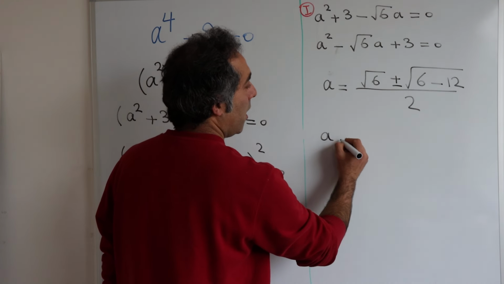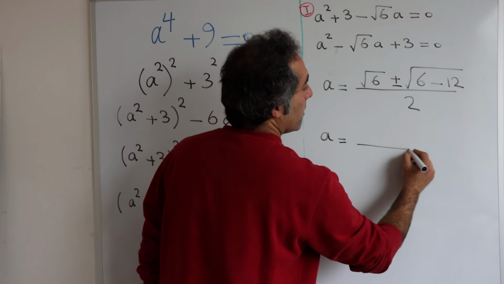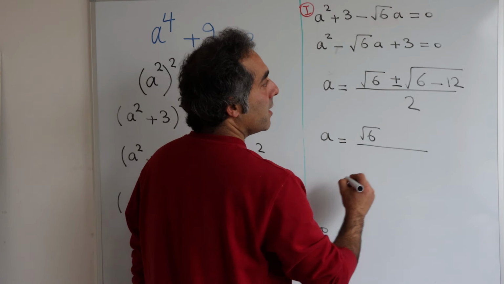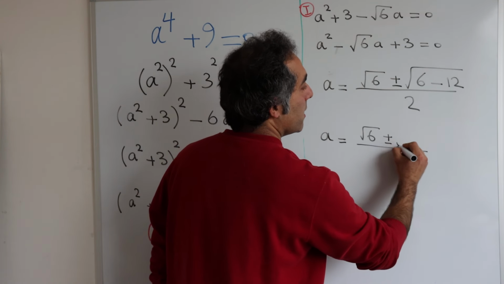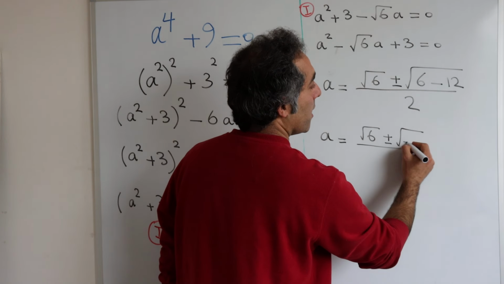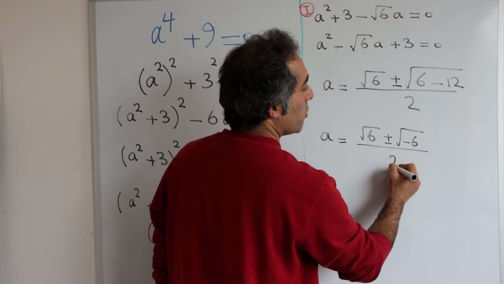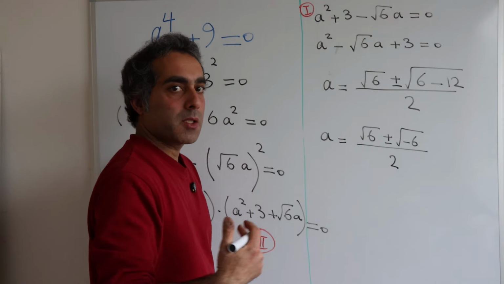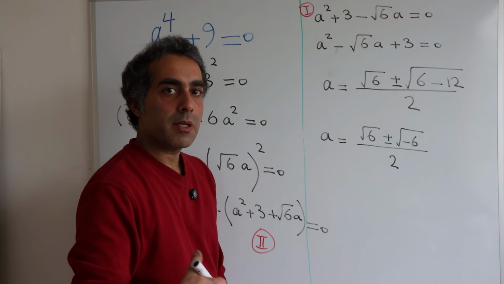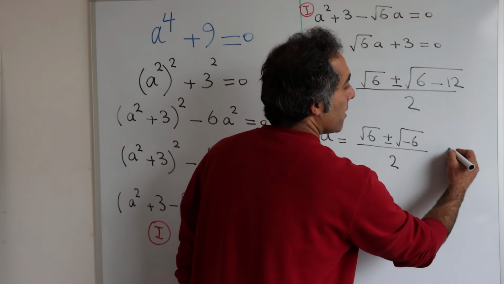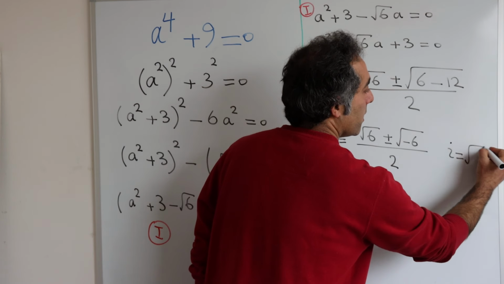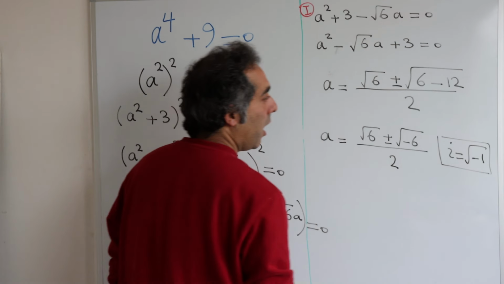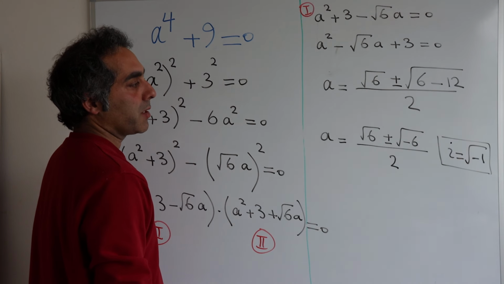Now r is square root of 6 plus minus square root of minus 6, over 2. And you know this is complex because we have a negative number inside the radical, and imaginary, the definition is i as the square root of minus 1.